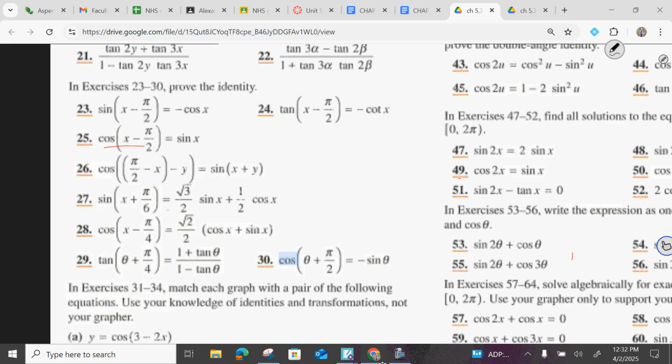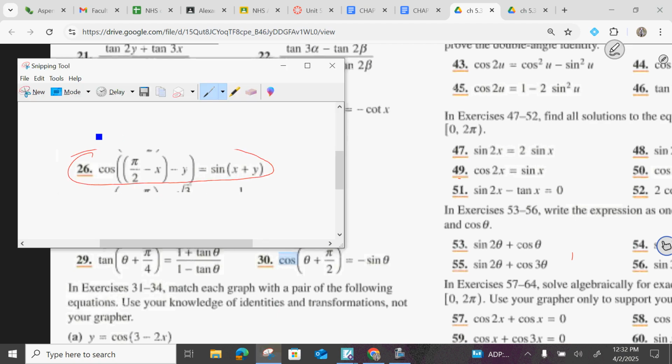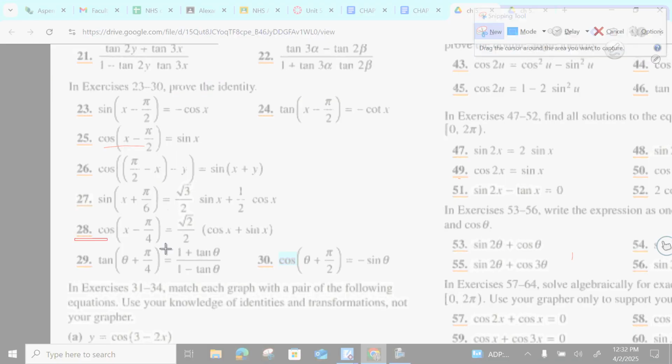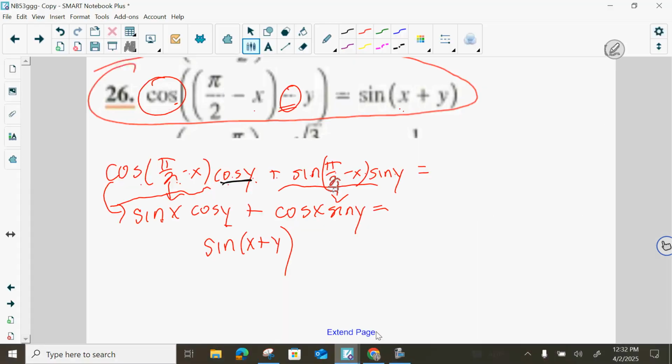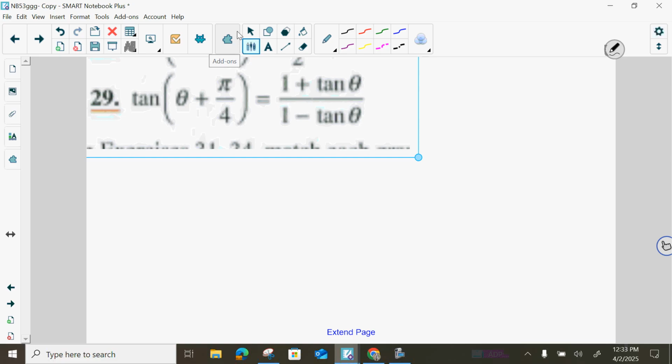29. Okay, so again, 29, it's a tangent one. You guys give it a try. Try the tangent sum rule. Tangent sum on your left.